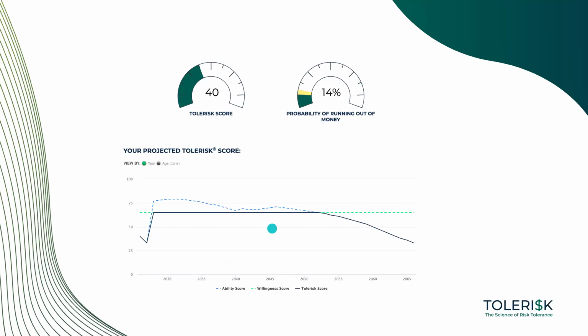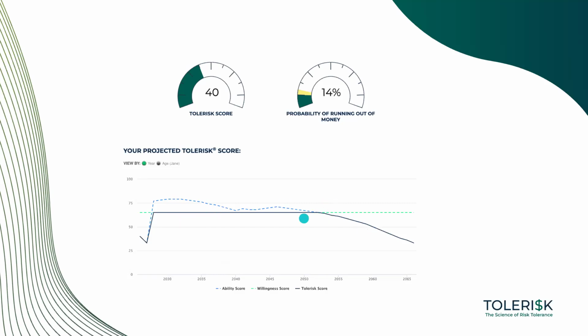By the way, the illustration on the bottom is a popular one because it shows, in what is maybe a more unique situation, a glide path where risk is very low in the beginning. In this illustration, I think somebody had a huge distribution, like they were buying a property very soon. And after that, their financial ability to take risk went way up because it was going to be a long time till they were utilizing their resources, at least for a while.